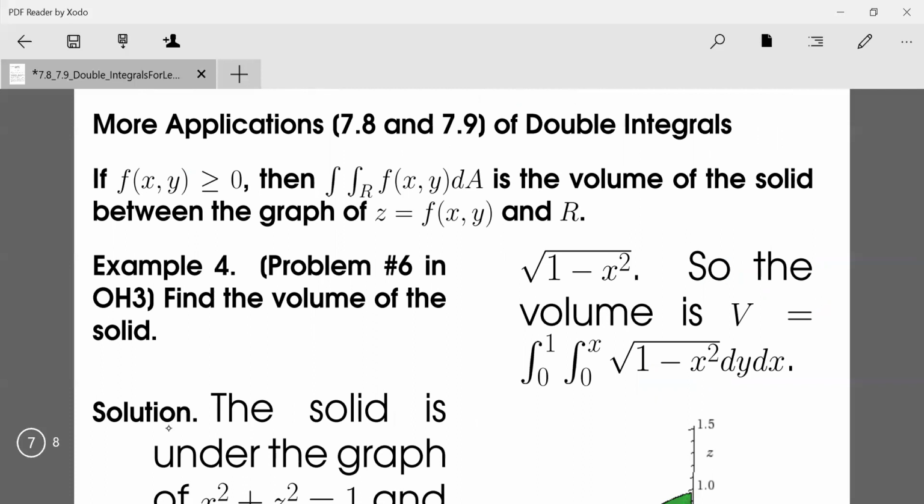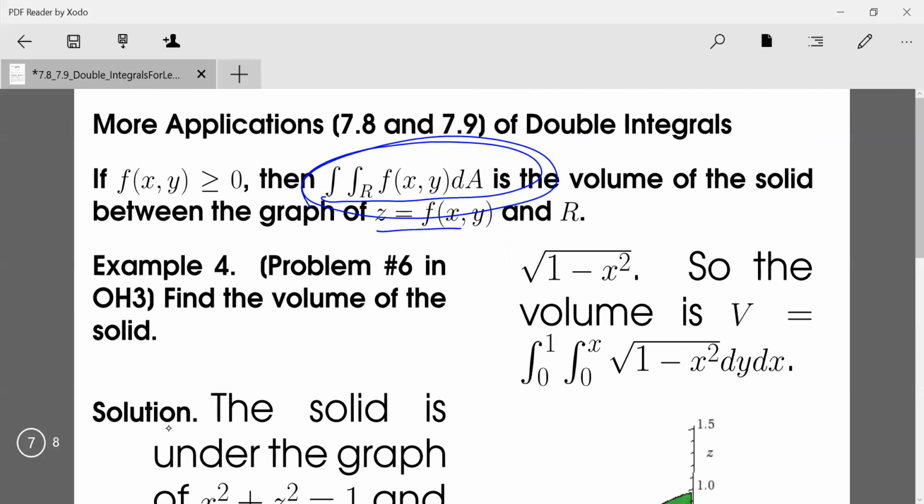And as a more general application, we can interpret the integral of a function f as the volume of the solid between the graph of the integrand z equals f of x, y and the domain R, if the function is non-negative, which means the graph is above the xy plane.